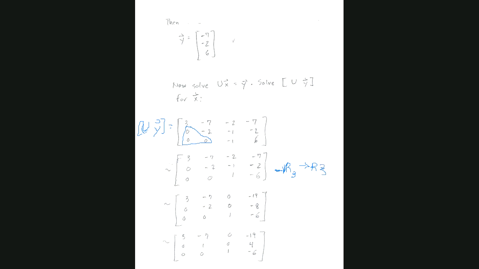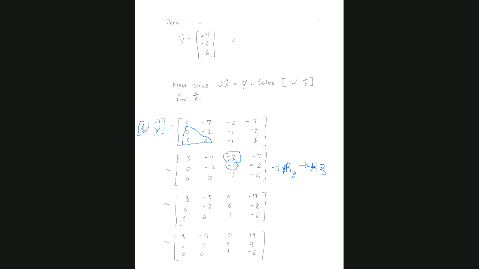Now I have a pivot 1 in the third row, and that's going to allow me to get zeros where the -2 and the -1 are in that third column.